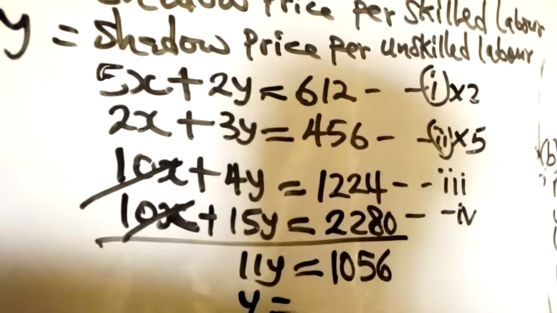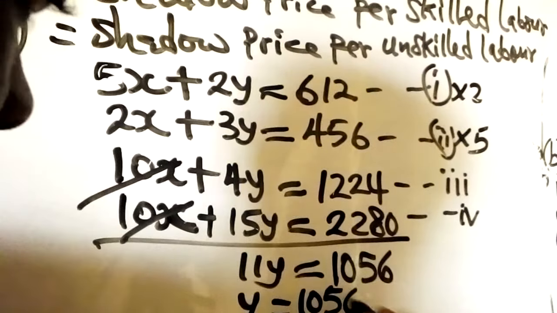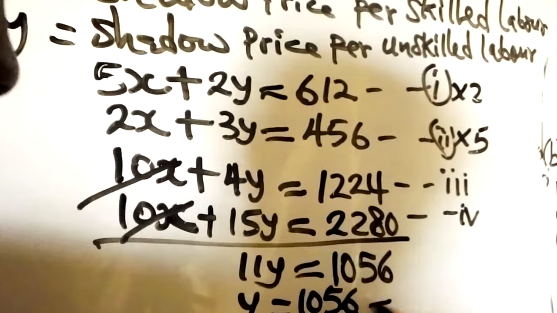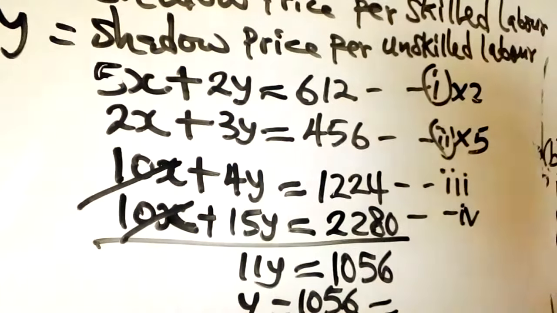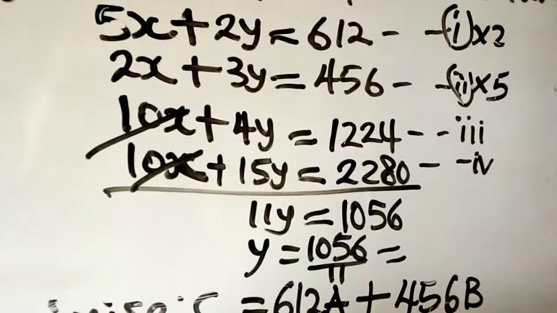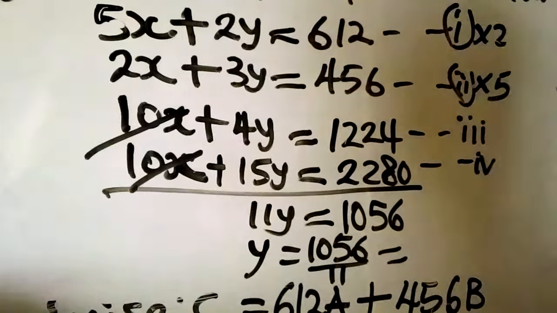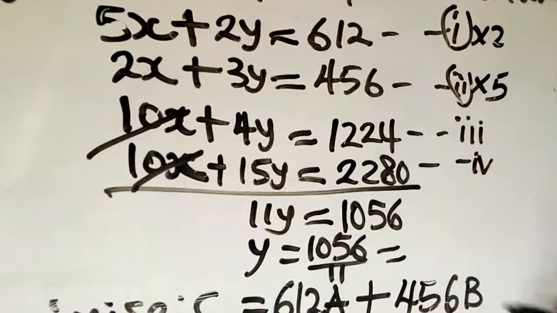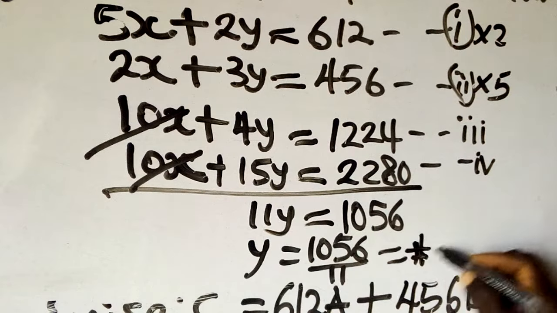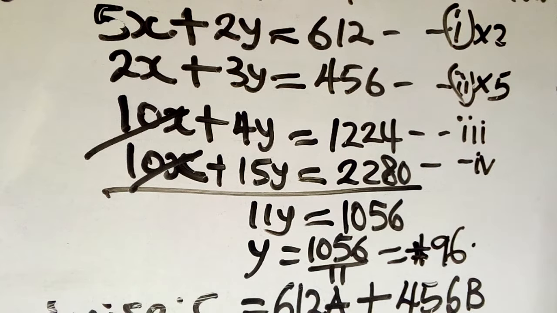Y will be 1,056 divided by 11, and that will give us 96. That means y equals 96 naira. You've got the value of y.